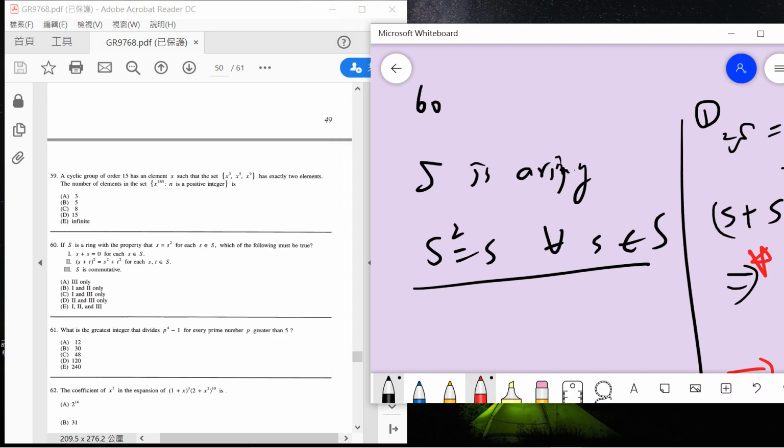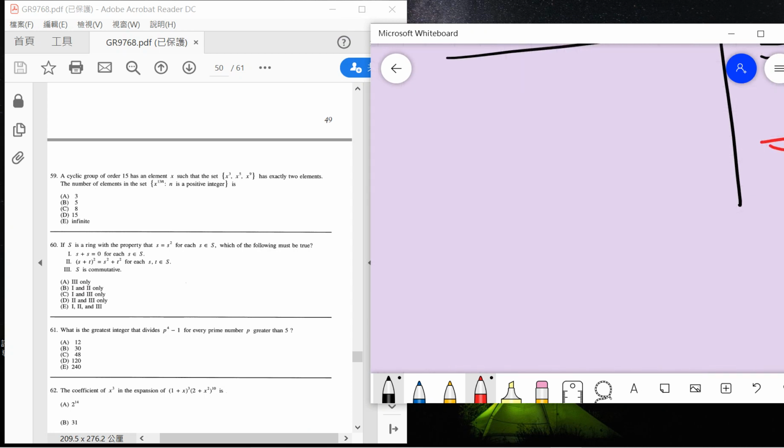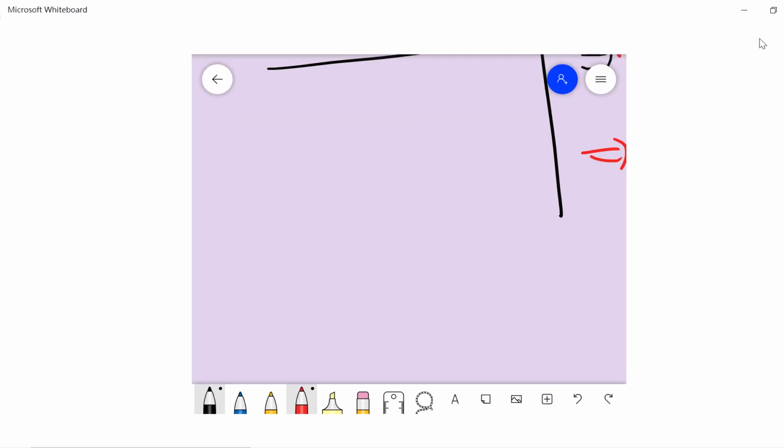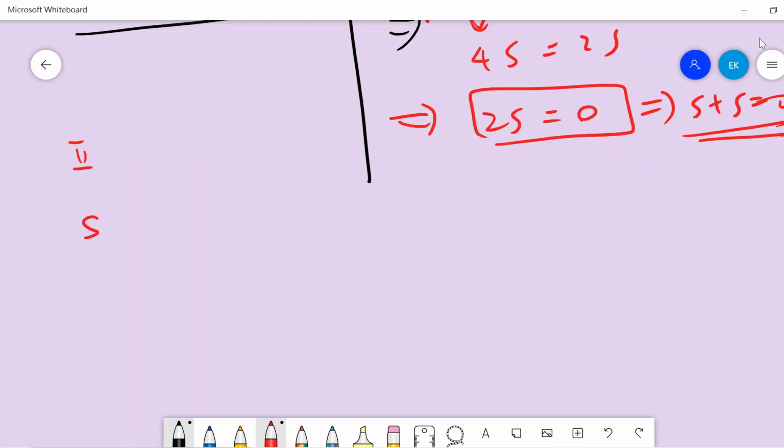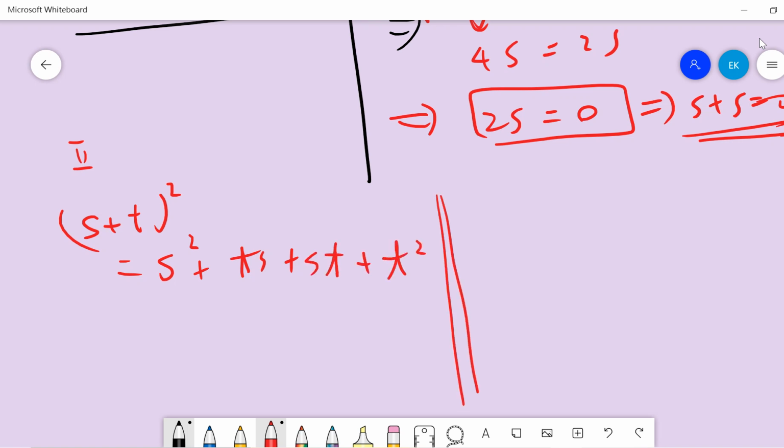And the second one says that S plus T squared is S squared plus T squared. Okay, so the second one, this is S squared plus TS plus ST plus T squared. And at least you know that this is S plus T, right?